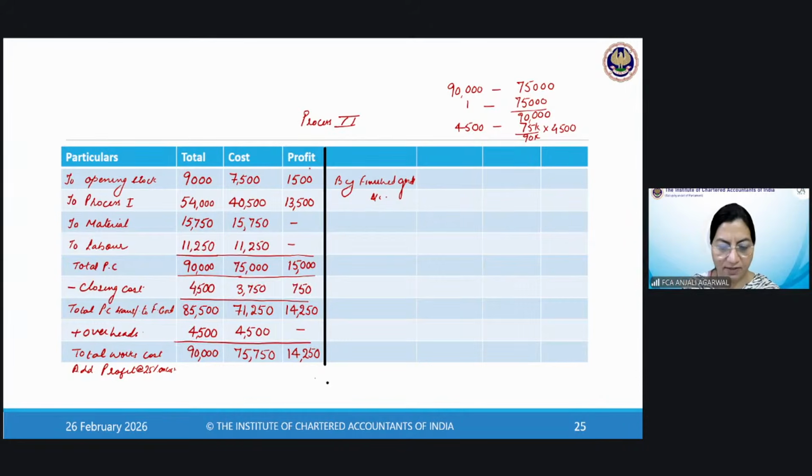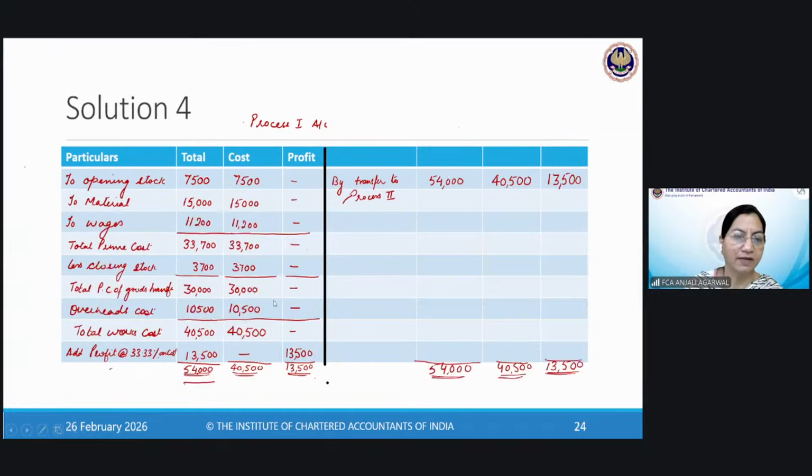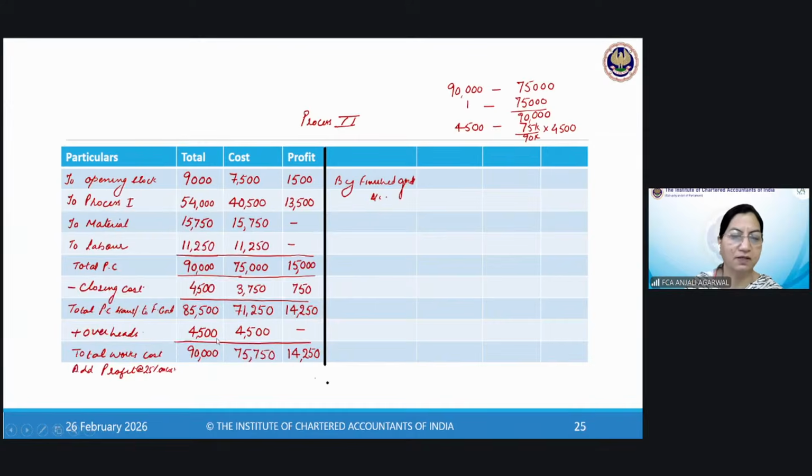So plus 1,500, you should get 14,250. You can check your calculations here. Once again, 13,500 was the profit of the first process, minus 750 blocked in the closing stock, plus 1,500 released from the opening stock. This is released, this is blocked.